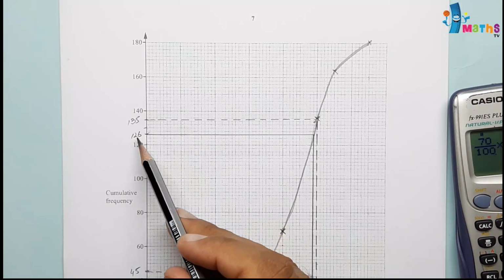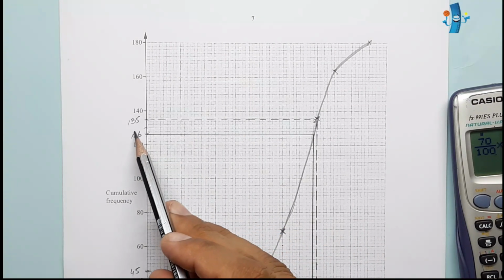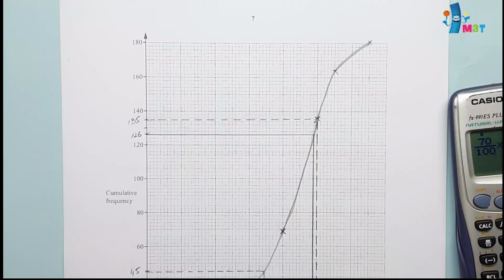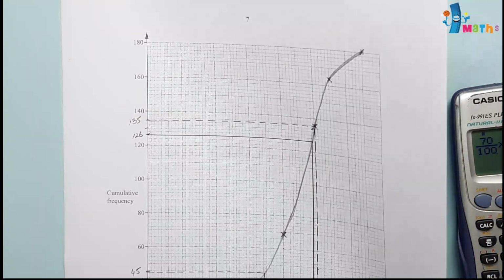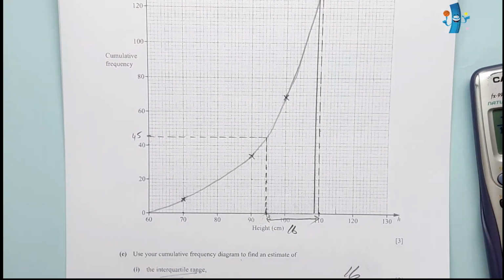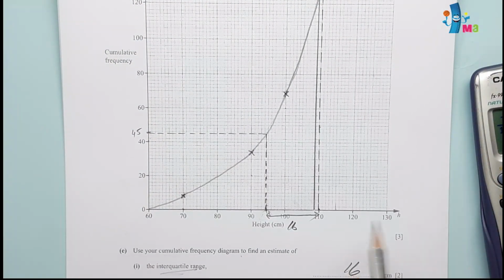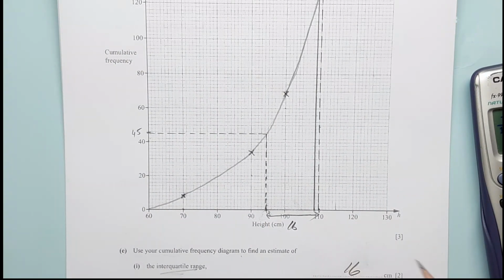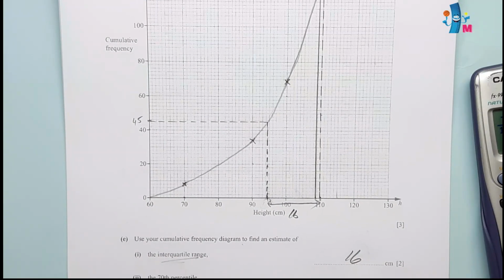So the 70th percentile we have drawn at 126, and this is the line which we have drawn. If we see the x value for 126, it will be over here. So this line is 109. So the 70th percentile answer will be 109.